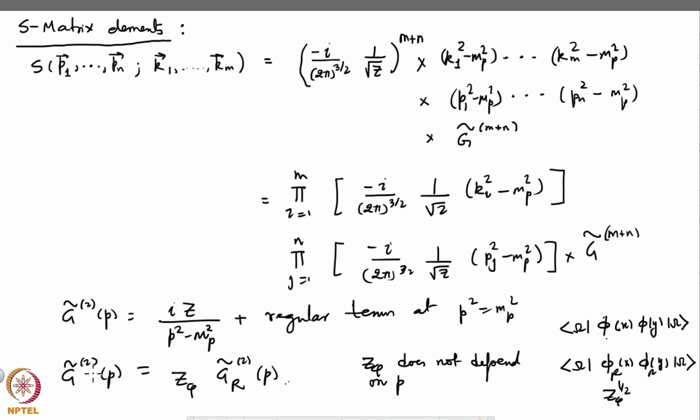Since this is the only factor with p dependence, the right hand side should also have a pole at the physical mass, because the left hand side is the same as the right hand side. So we should have poles on both sides. So it's clear that G tilde 2 defined with renormalized fields also has a pole at the physical mass.